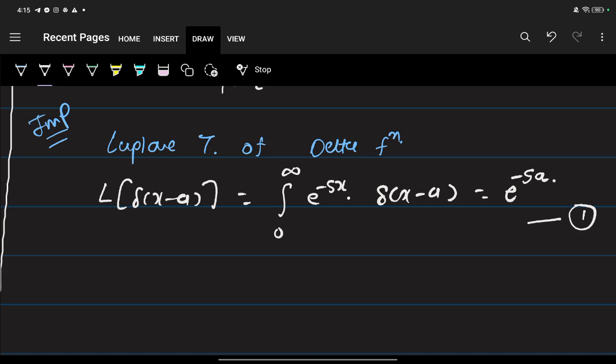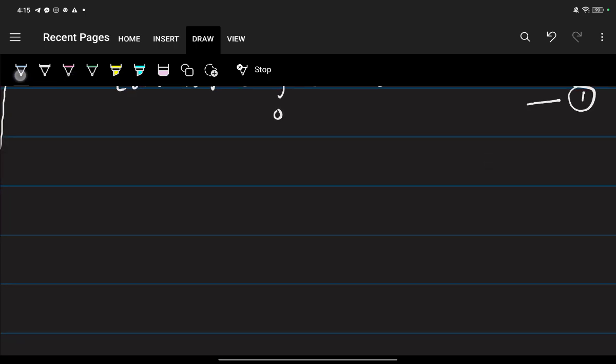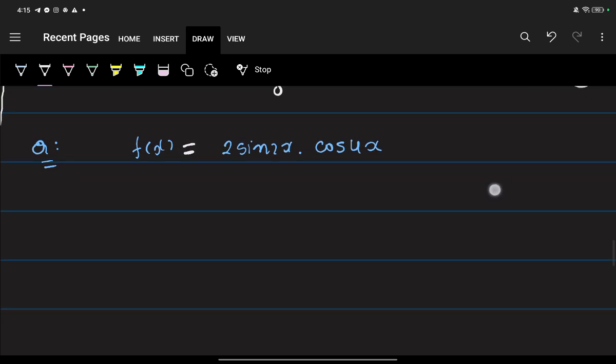All right, now let's take a few examples and we'll wrap it up here. The question is, we need to find the Laplace transformation of the function 2 sine 2x multiplied by cos 4x. Now remember, please remember all the identities.